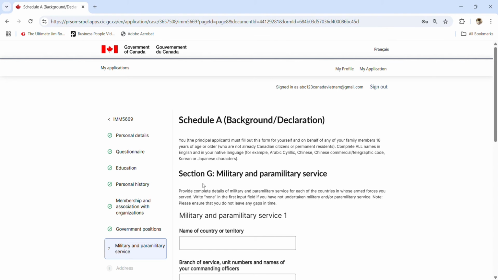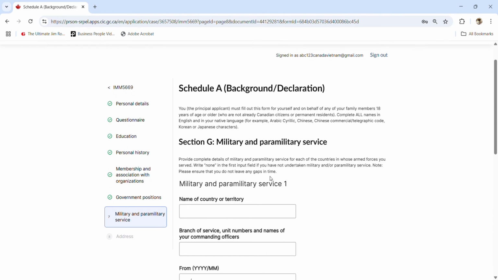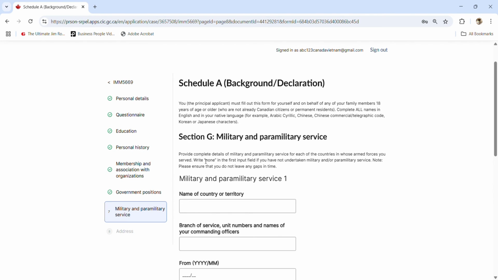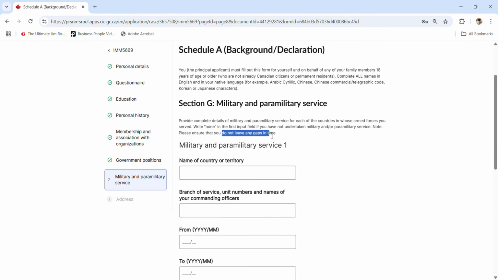That is section G, military and paramilitary service. In this part, you will need to provide complete details of military and paramilitary service for each of the countries in whose armed forces you served. You write none in the first input field if you have not undertaken military and/or paramilitary service, and don't leave any gaps in time.